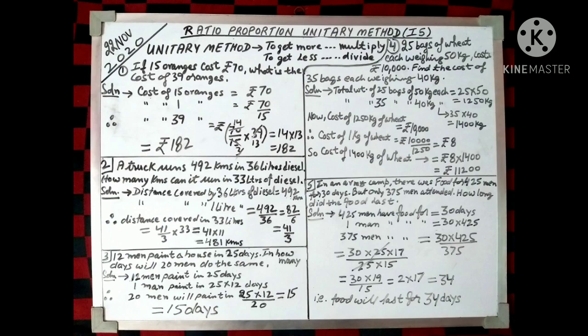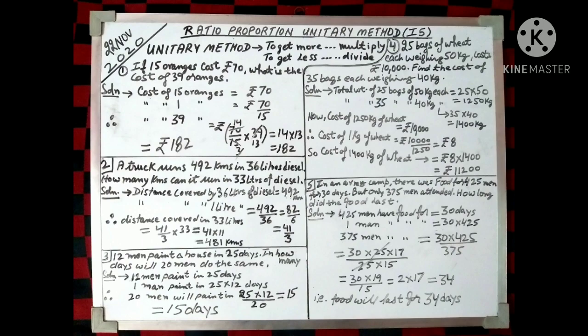See the first question. If 15 oranges cost rupees 70, what is the cost of 39 oranges? The usual style of writing the statements is as shown. Cost of 15 oranges is equal to 70. So the cost of one orange will be 70 divided by 15, right?